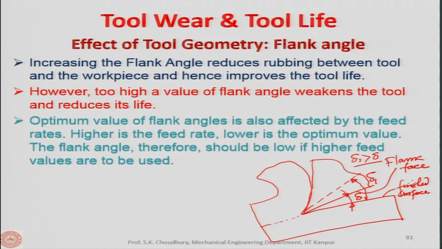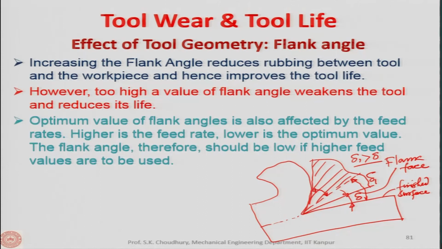In that case, the same thing happens as in the case of the rake angle that we discussed just now: the cutting angle is less, the tool is becoming thinner and weaker, and the material available for heat conduction will again be less. So the tool will be thermally deformed; there will be thermal deformation of the tool.